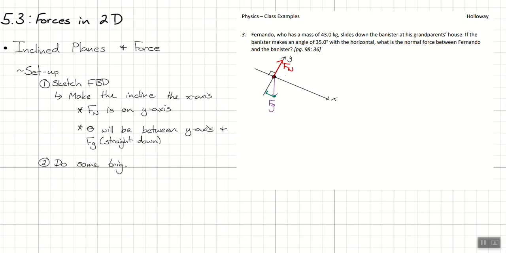I'm going to move this force of gravity because I don't like where it's at. So we'll do it this way instead. I'm just going to write it in a slightly different spot. So here's my force of gravity instead. And it's still that same vector, I just moved the label.